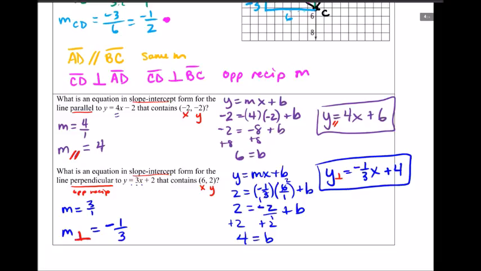Triangle angle sum theorem, yay! Triangle exterior angle theorem, yay! It's a cool theorem. Make sure you know it so that you can use it when you need to. And slope, same slope, parallel. Opposite reciprocal slope, perpendicular. And that's everything.